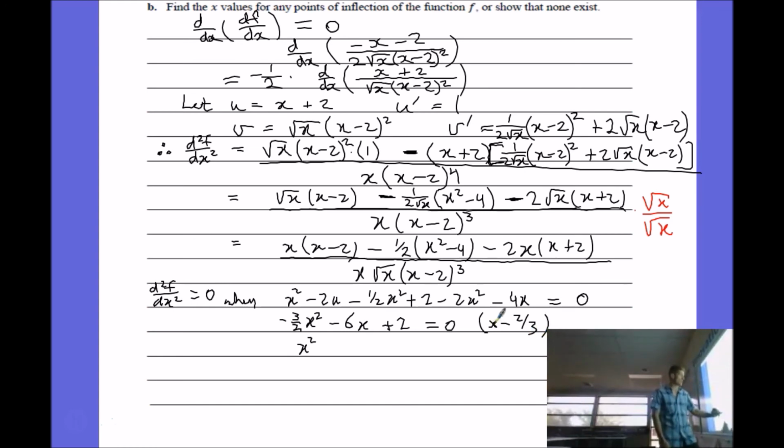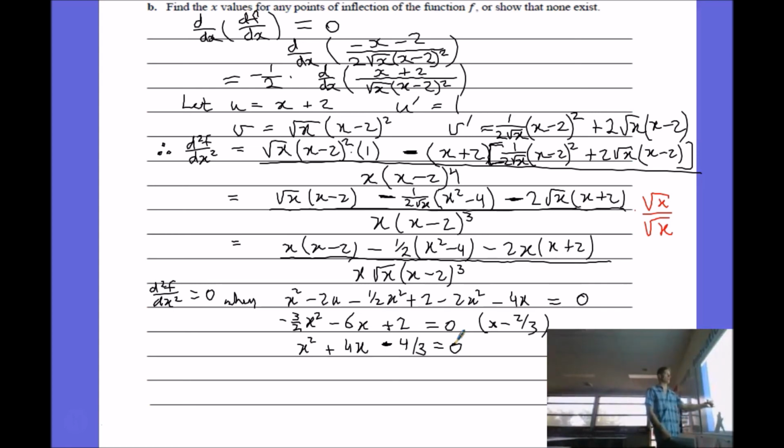So I get x squared by itself. Now this will go to a 4x, and this one will go to a minus 4/3 equals 0.